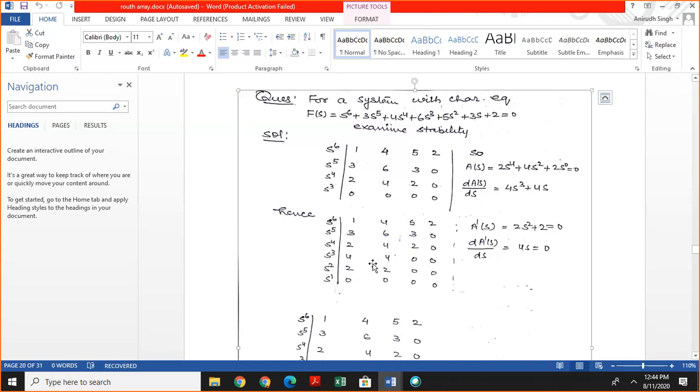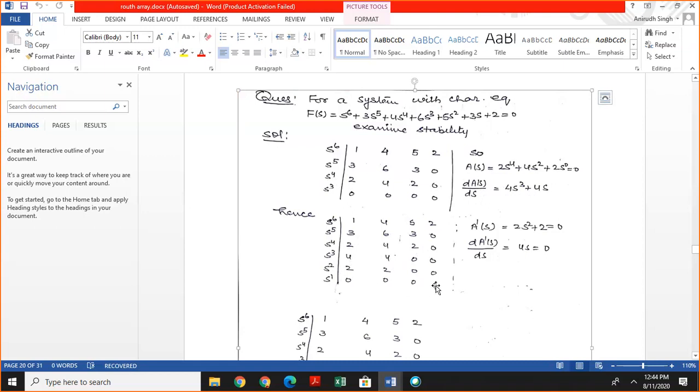All the next coefficients are 0. So calculate: 4 multiplied by 4 minus 2 multiplied by 4, divided by 2, is 2. Similarly, 4 multiplied by 2 minus 2 multiplied by 0, divided by 4, is 2.